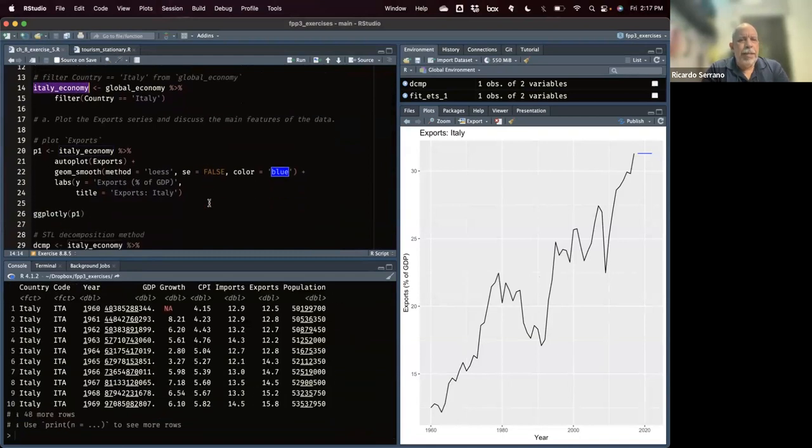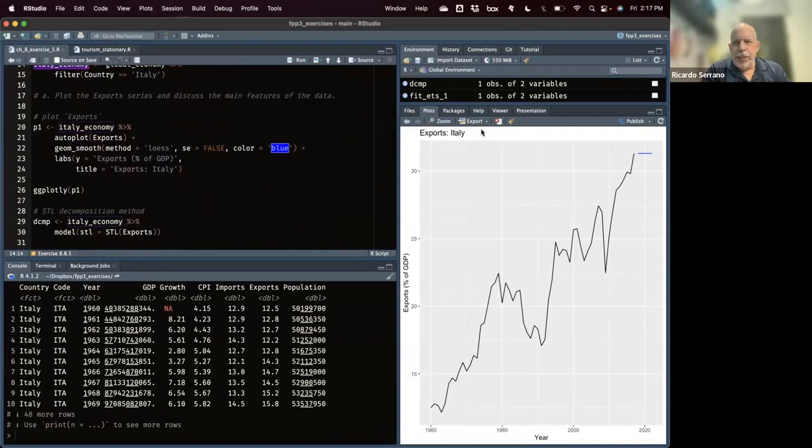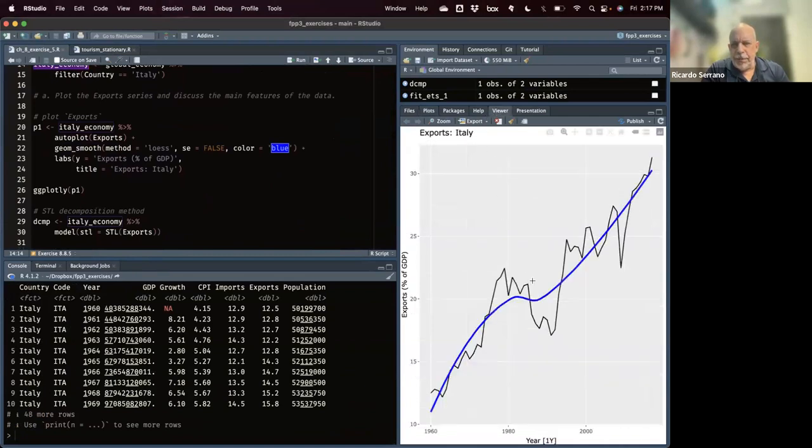Okay, then we did the plotting, right? For the time series, one thing that I added, and I've seen it as a best practice, is to add a lowess smoother to the time series.